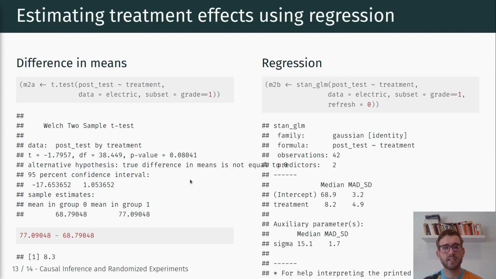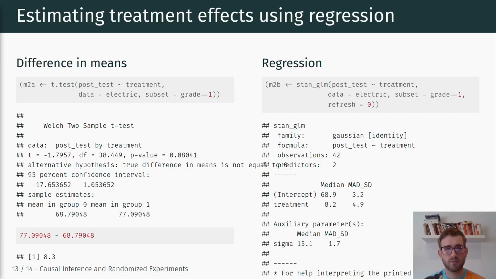The key here is that we can recover the same treatment effect using linear regression, because if you remember, linear regression ultimately helps us estimate conditional averages for our respective predictors. So here we have a basic linear regression. Our outcome is the post-intervention reading score.